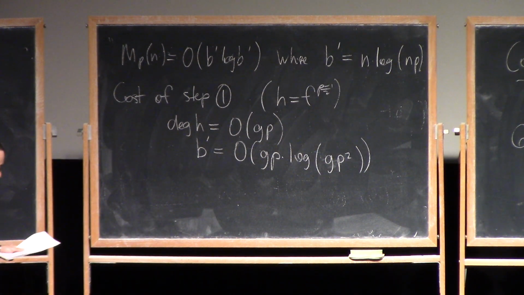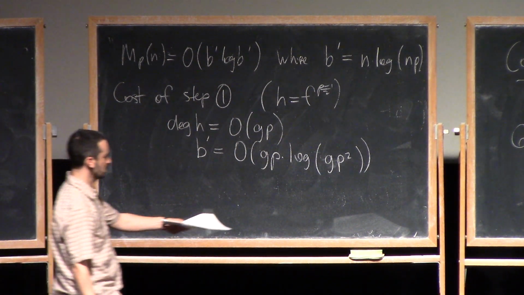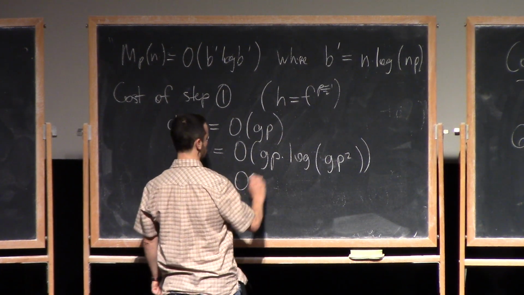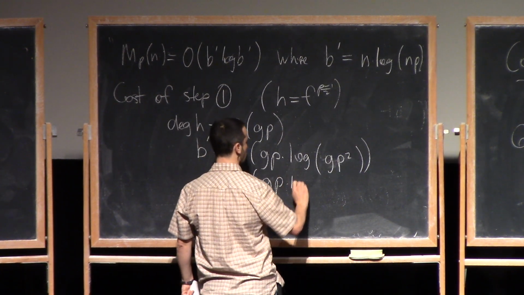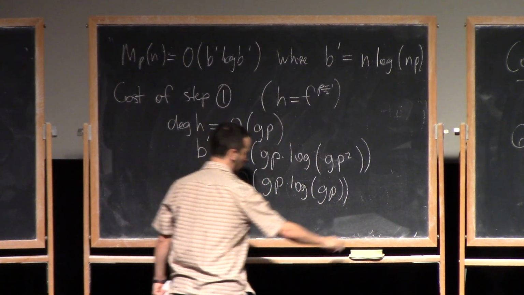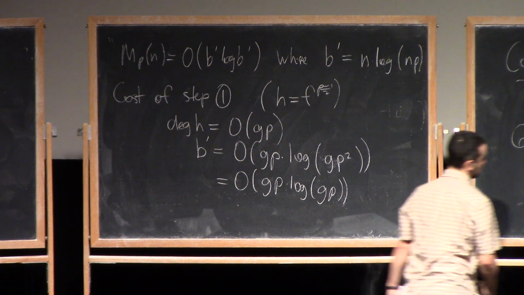And I can simplify that a bit because that 2 comes out as a constant. So this is just O of gp log gp. So that's my b prime.